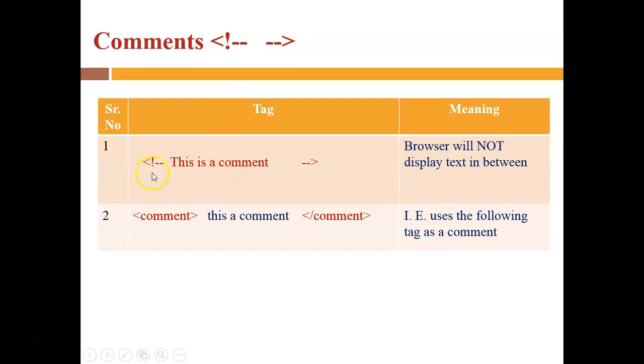So this we generally use to document the code, and the meaning is that whichever data you write in between this tag will not be displayed, and this data will not appear in the browser window.